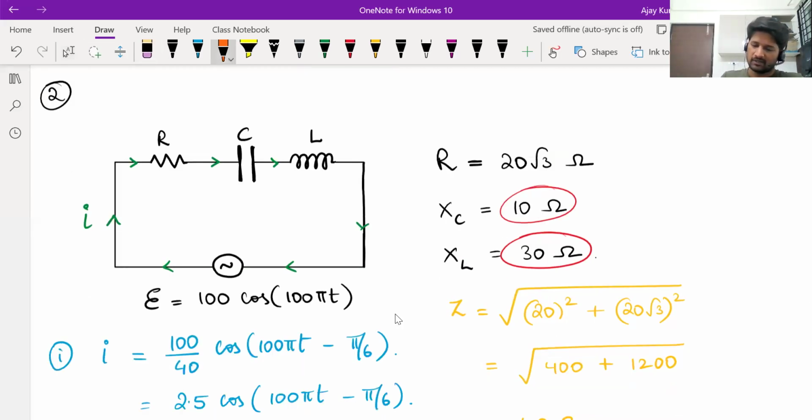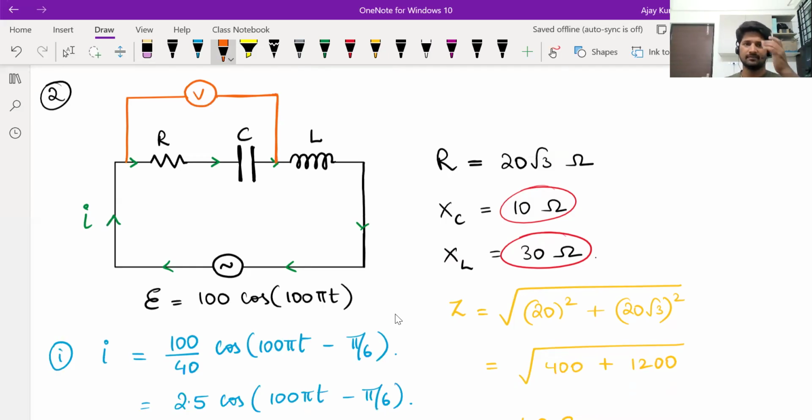What if you are asked to find out the effective voltage across the resistor capacitor combination?